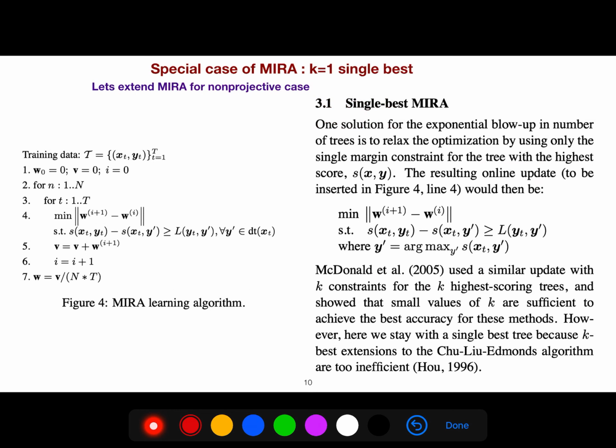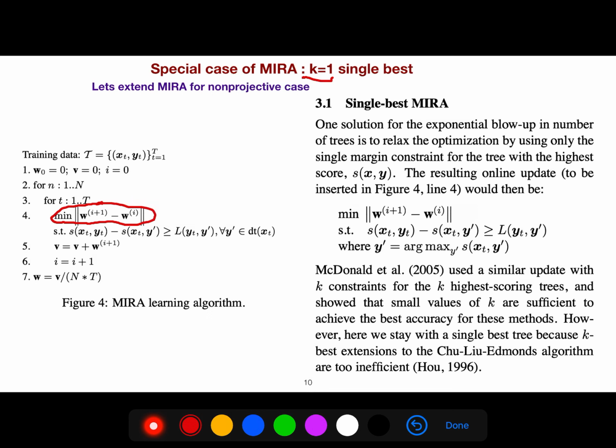So this is a special case of MIRA where we put k equal to 1. In MIRA, we don't minimize W, but we minimize the changes of your weights in this iterative algorithm.